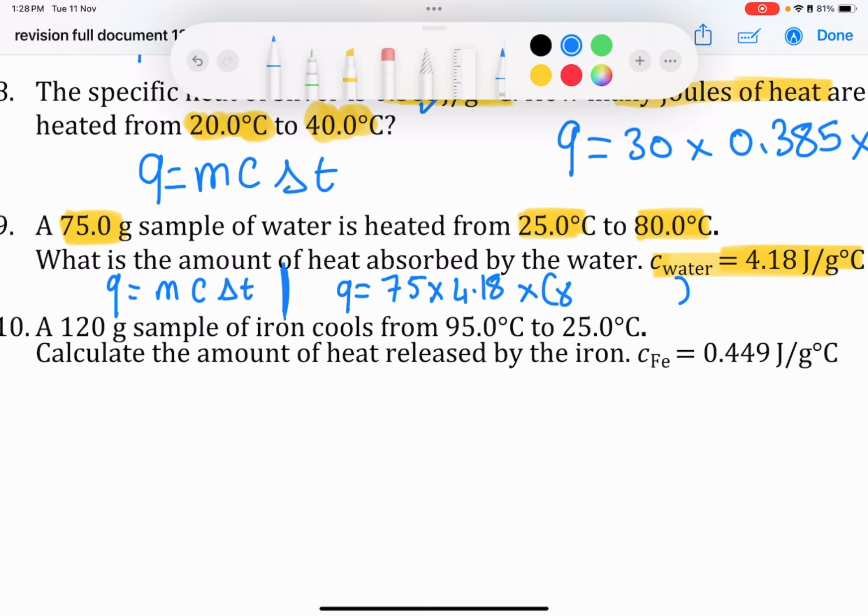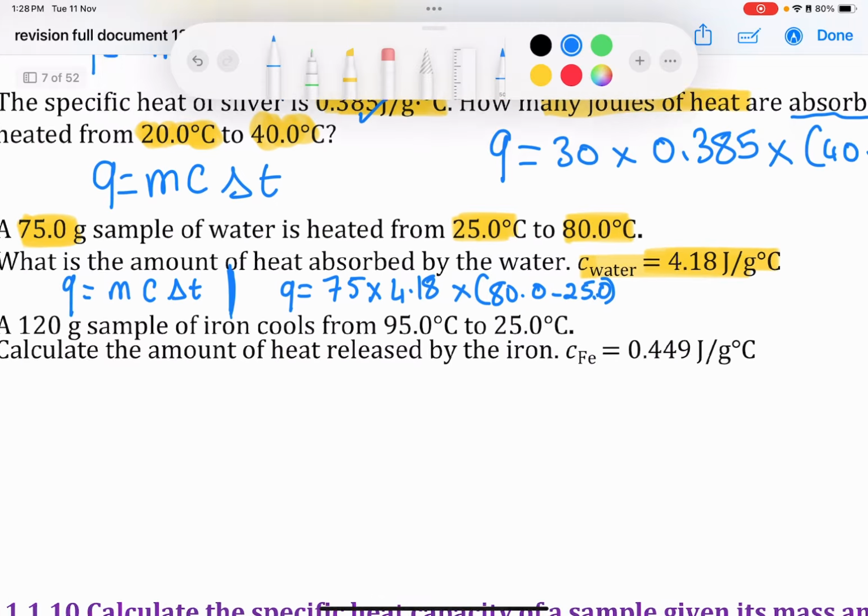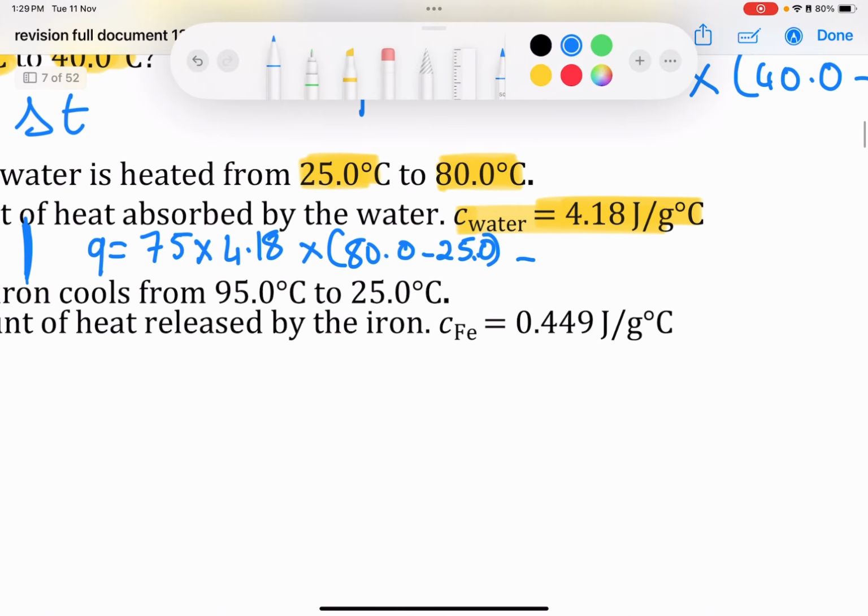Final minus initial temperature. Be careful, most of the students make mistakes and write T initial minus T final. That's not delta, delta is final minus initial. So the answer is 1.74 times 10 to the power 4 joules of heat absorbed.